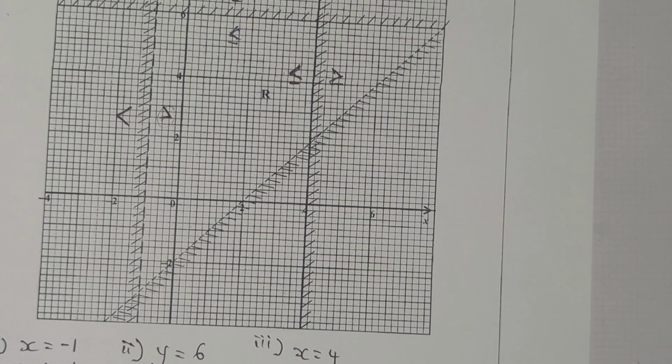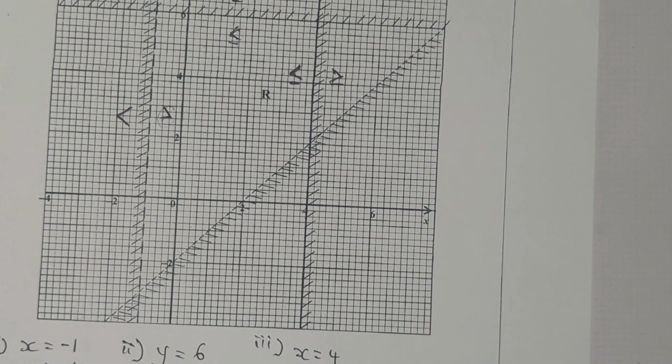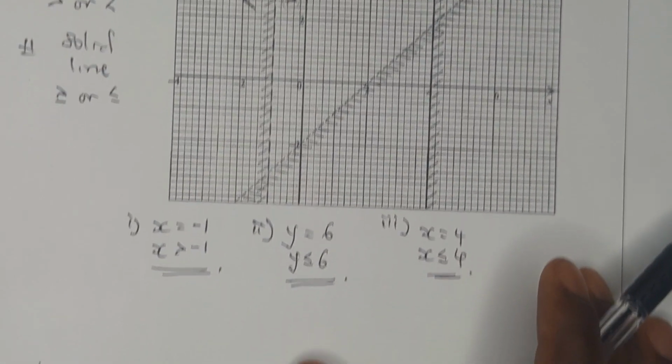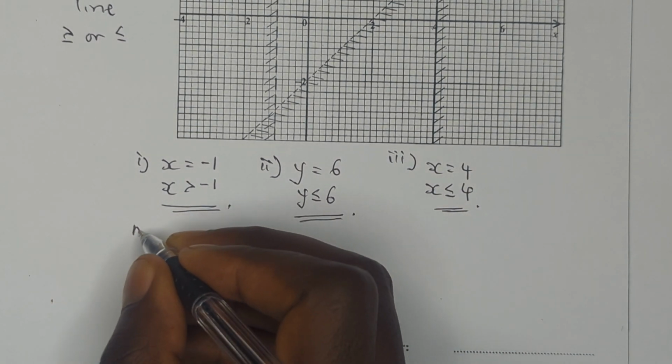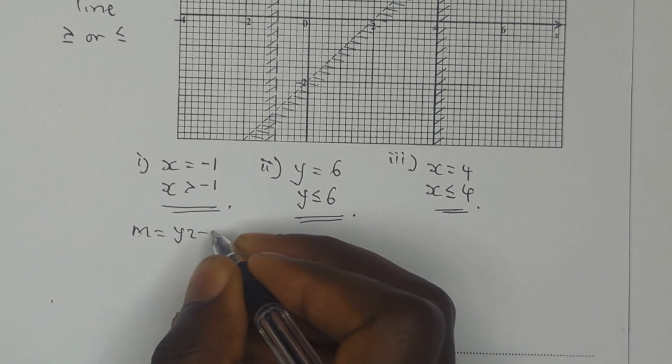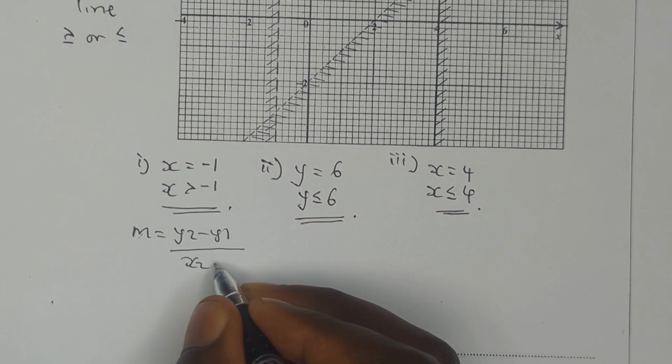Now, for the slant line, we need to find the gradient. And the gradient is given by this formula. M is equal to y2 minus y1 over x2 minus x1.